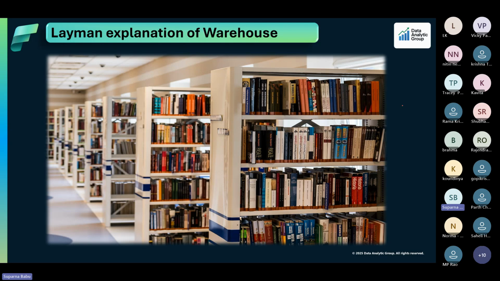You can directly go there, and they will paste stickers on each and every area. Let's say this is commerce, this is BSc books, this is maths, this is arts and science. From here you can easily pick your books. So why did I bring this library as an example in this session?